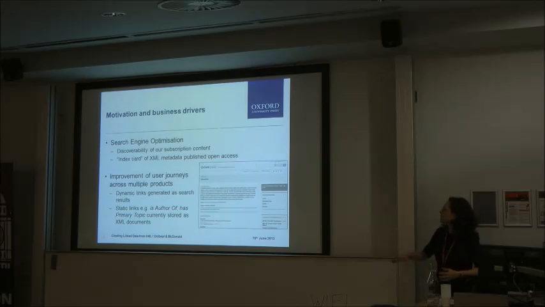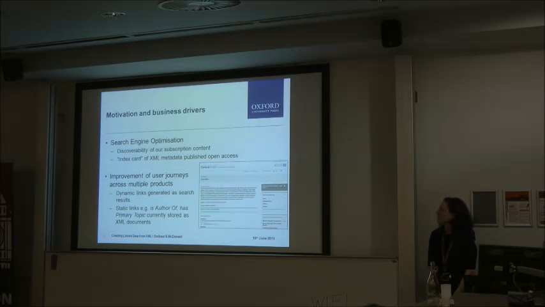So what we've done is publish the Oxford Index, where each content record, so each chapter or primary text or bibliographic reference, has an index card of the XML metadata, which is published open access so that Google can index it. And we've already found that publishing this type of metadata has really increased the volume of our content that's indexed by Google. So that's the search engine optimization business driver that we have.